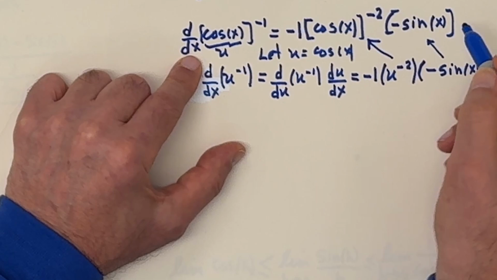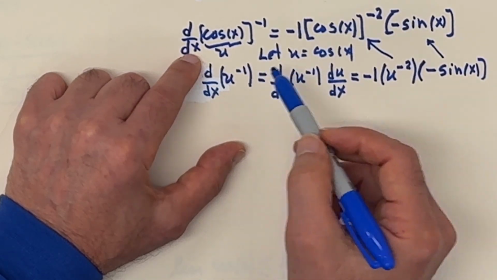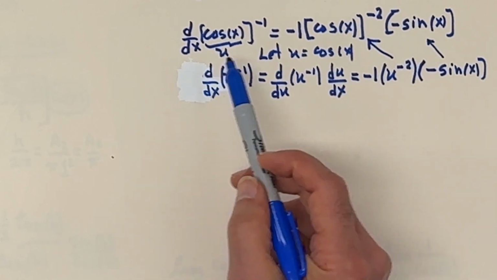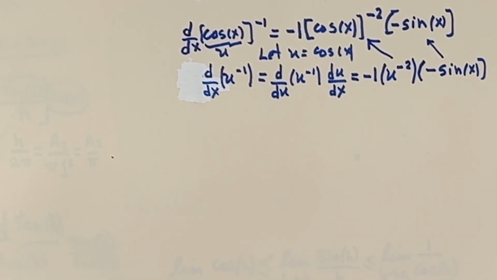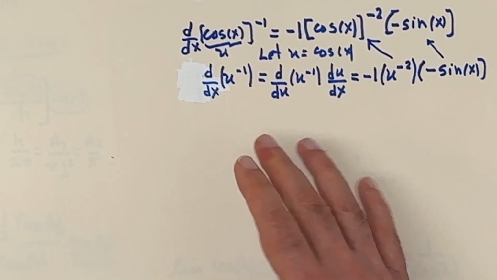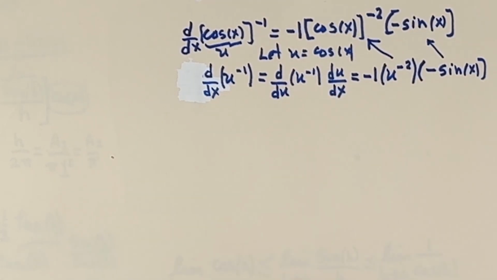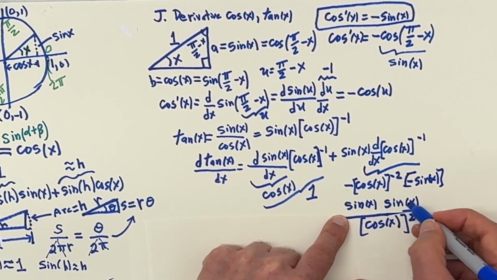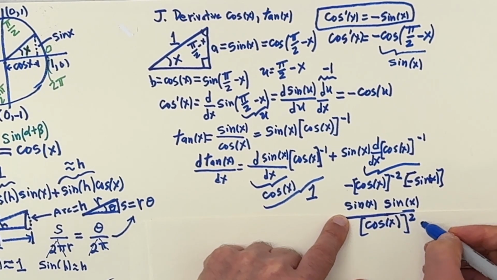And we're just finished in one line rather than having to say let u equal cosine of x, etc. So in the future, I'm going to be doing this the quicker way rather than always going to let u equal something. So what we have here is going to be the sine squared over the cosine squared.